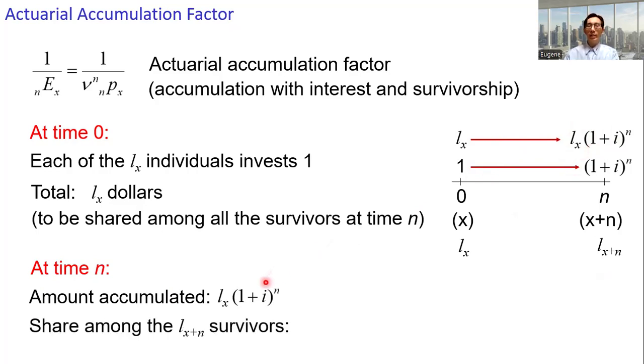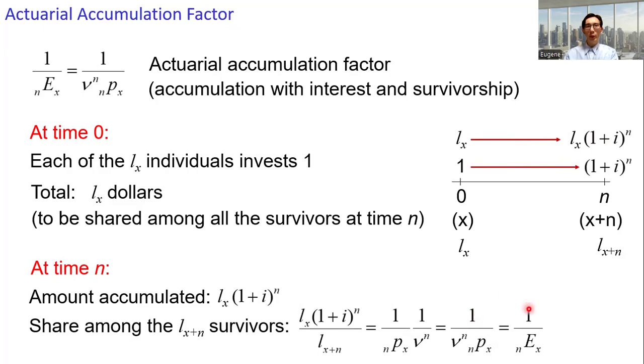Shared among the l(x+n) survivors, that is the expected number of individuals reaching age x plus n, that is lx times 1 plus i raised to the power n dollars divided by l(x+n). We have 1 over v^n times npx. This is 1 over nEx, and this is the actuarial accumulation factor.